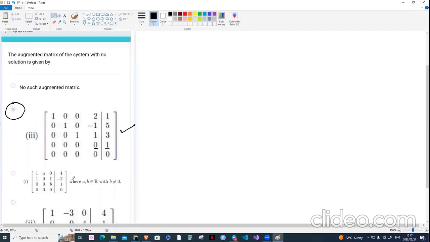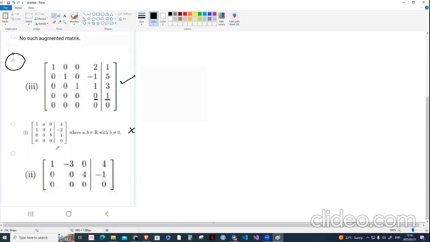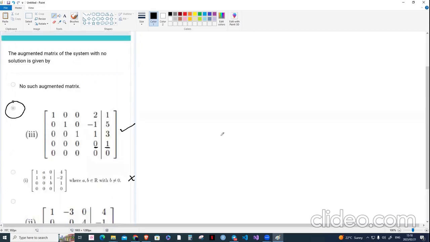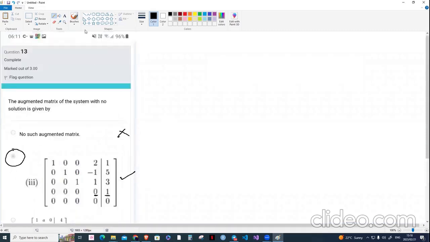Let's see about this one. Okay, we ignore this one. We are just looking for one where there's a 0 and a 1. This one might qualify, but let's see what B is. Is B 0? Oh, B is not equal to 0, so this one cannot qualify. Let's look at this one. No, this one cannot qualify. So the correct option here is this one. So this makes this one wrong. It's this one.